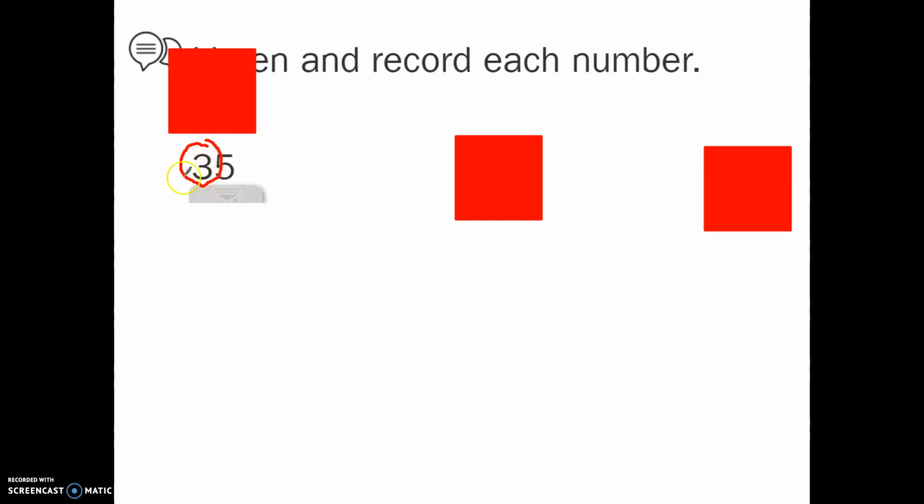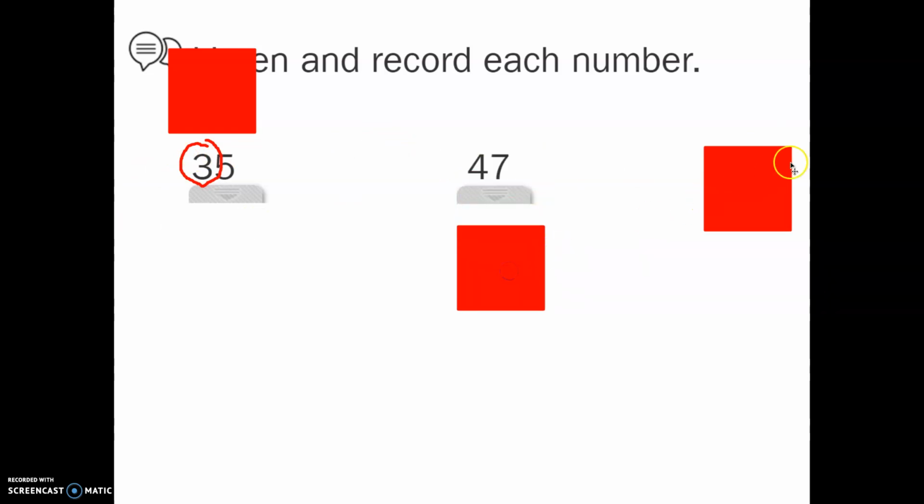What's the value of that 3? The value of the 3 in the tens place is 30. What is the digit in the ones place in the number 47? That's right, 7 is in the ones place. And the value of that 7 in the ones place is 7.